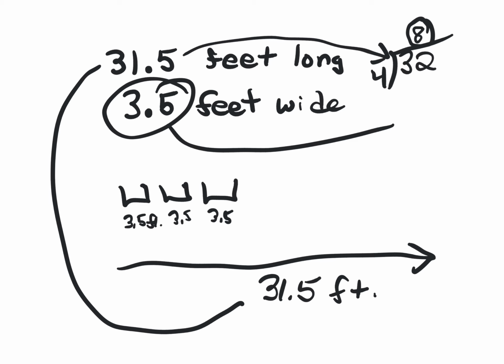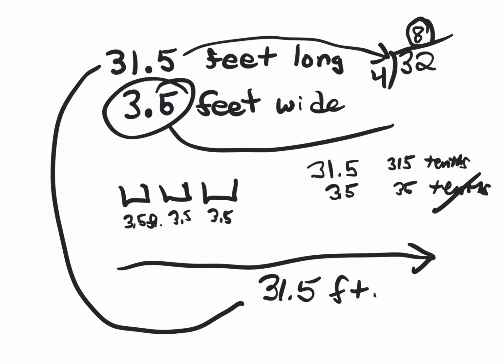Let's see what we get if we think about our place value. 31.5 is the same as 315 tenths, and 3.5 is the same as 35 tenths.